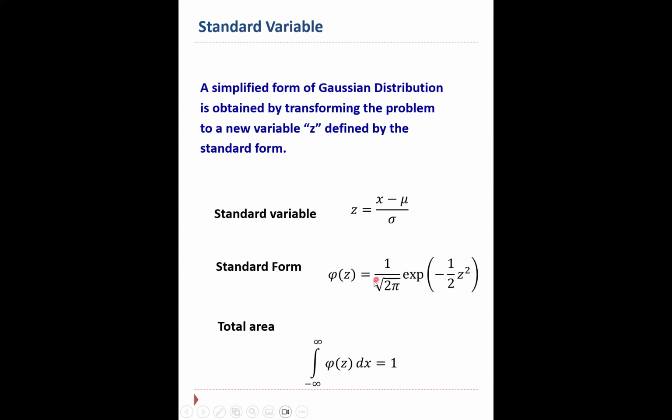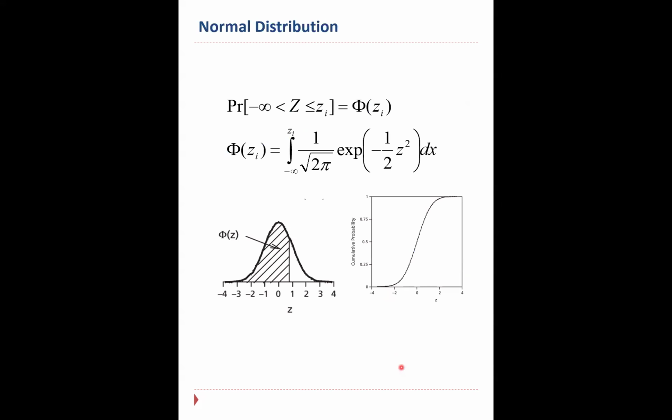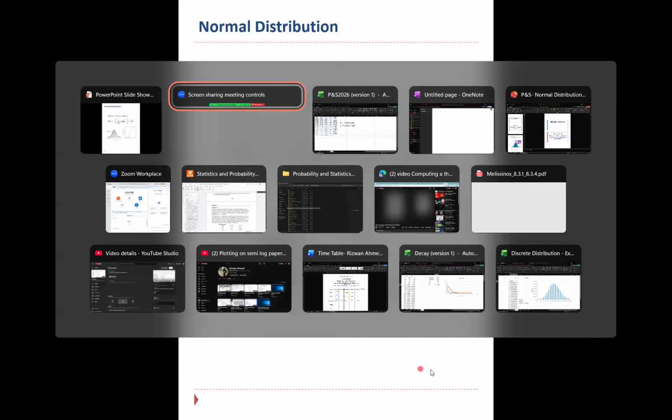So this new distribution is going to have its mu value at 0 and sigma value equal to 1. And this distribution is going to be normalized, as we calculate the area from minus infinity to plus infinity, the integral settles at a value of 1. Okay. So let me demonstrate the procedure for calculations.